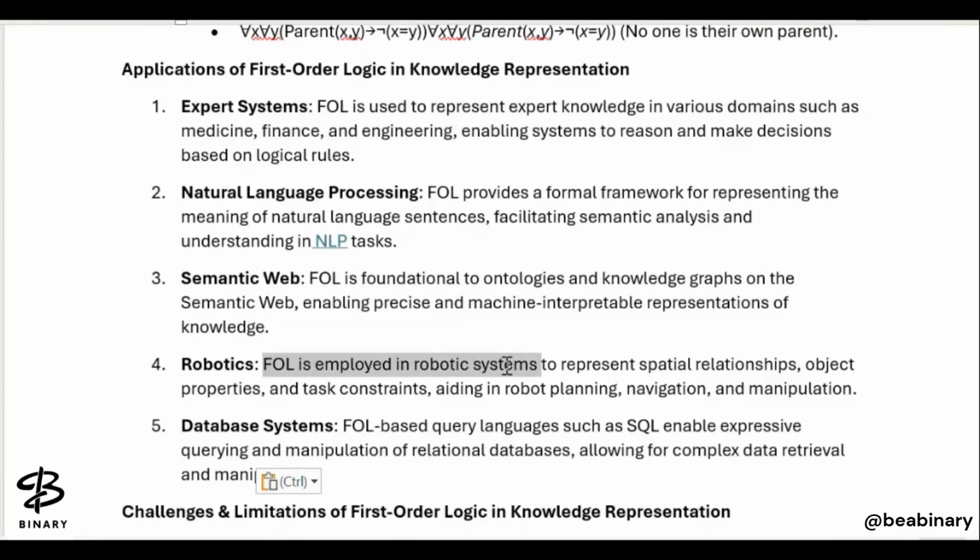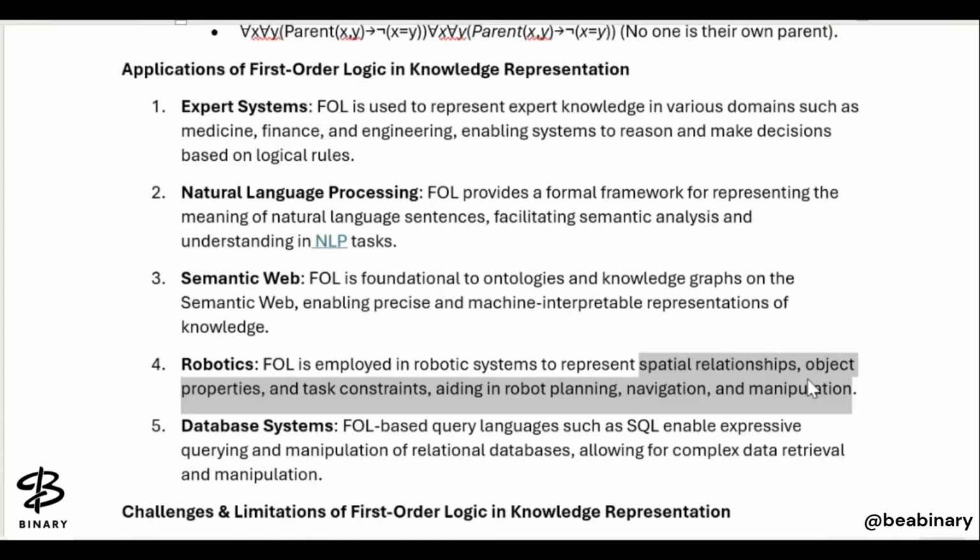Another application here is robotics. Predicate logic is employed in robotic systems to represent spatial relationships, object properties, and task constraints, right? So what do you understand by spatial relationships, object properties, and task constraints, or simply the conditions, aiding in robot planning, navigation, and manipulation?